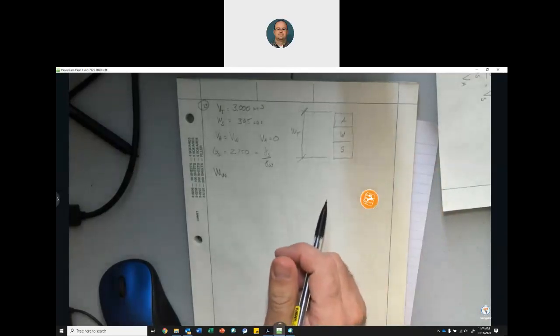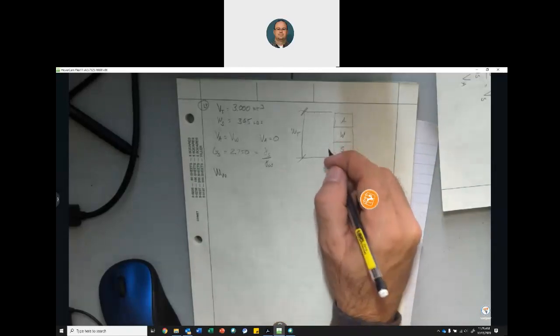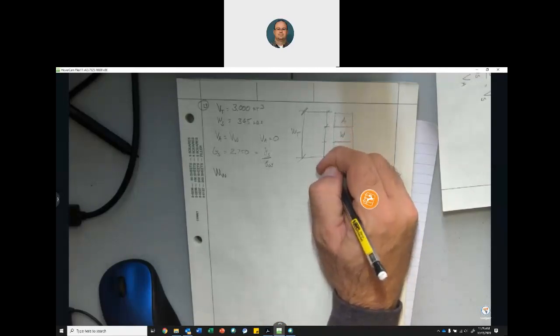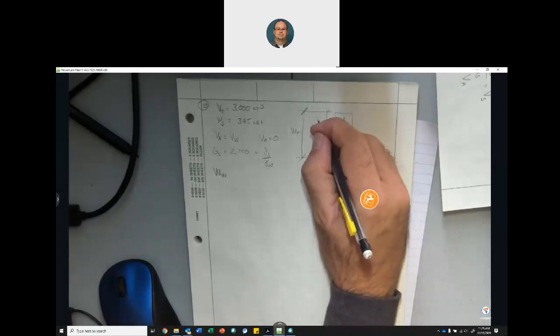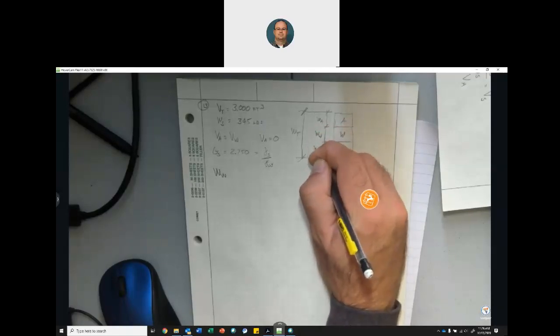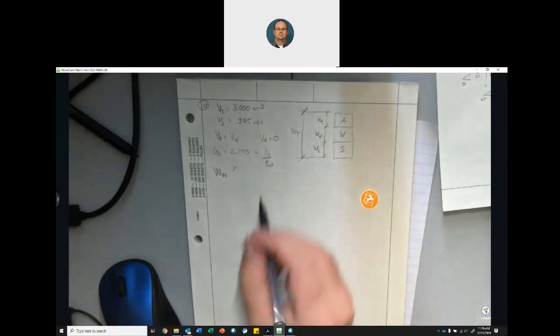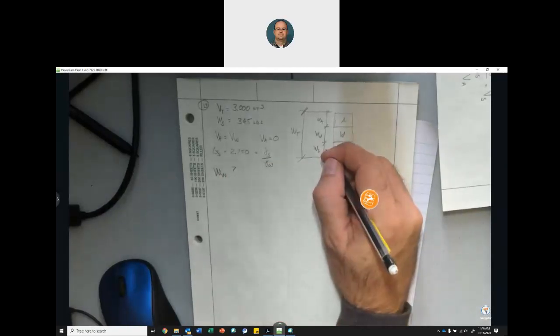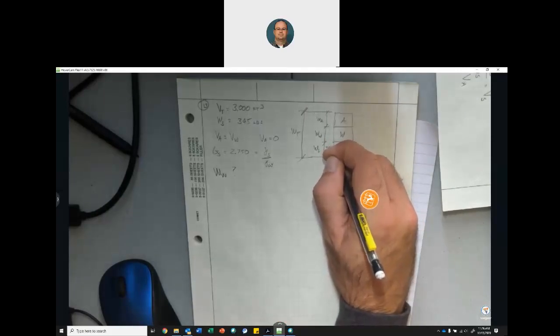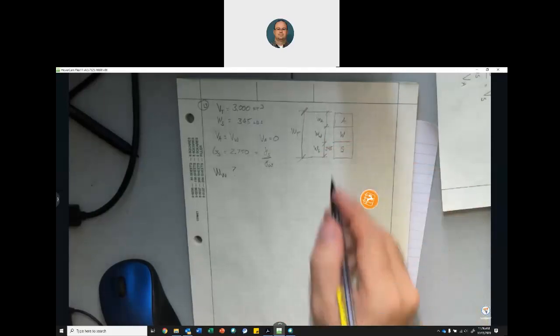Okay, 3 cubic foot. So we have a total volume. So we know our weight of solids. This is weight of air, weight of water, weight of solids. We're looking for weight of water. So we know this equals 345 pounds. Okay?